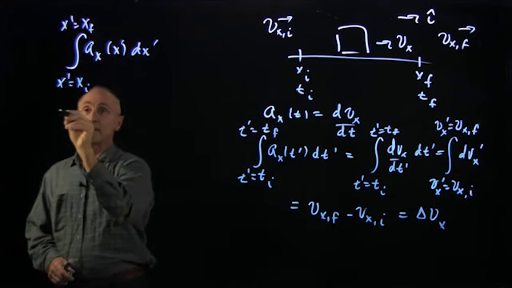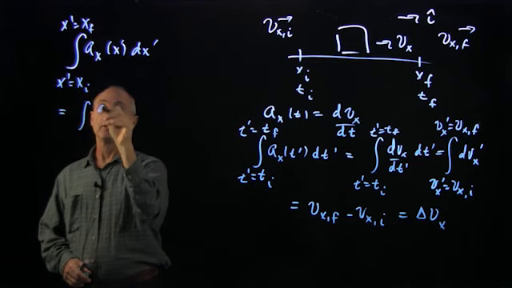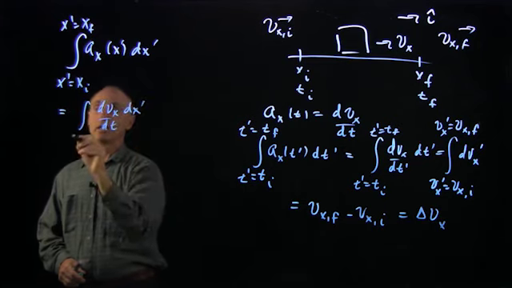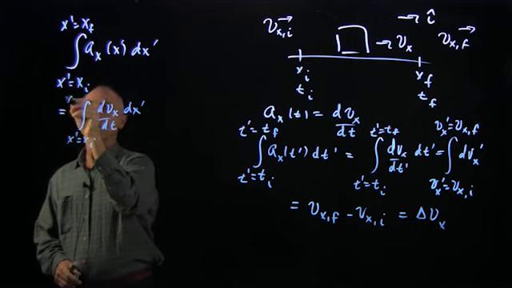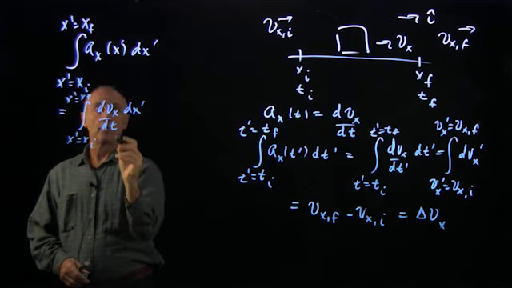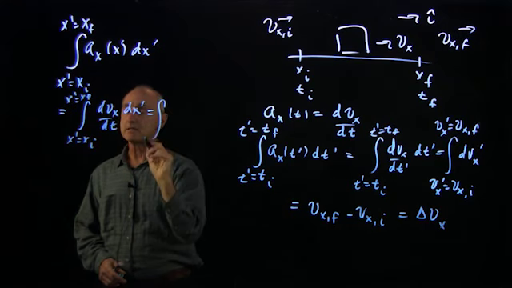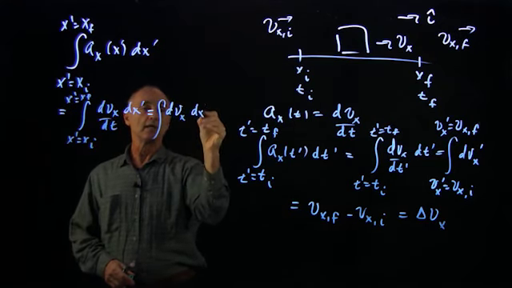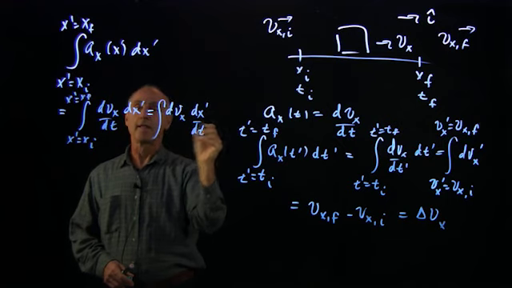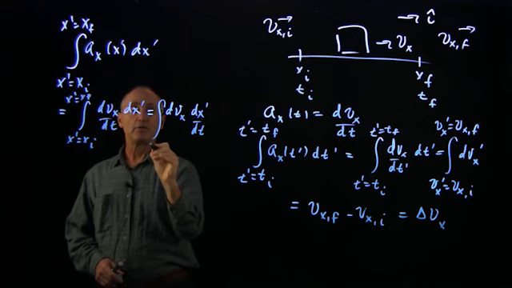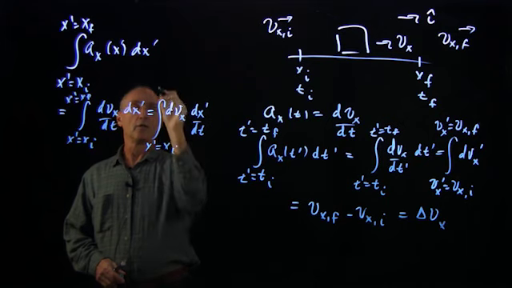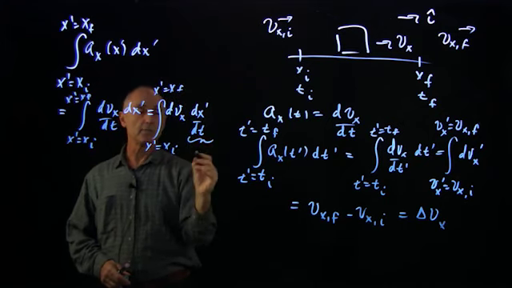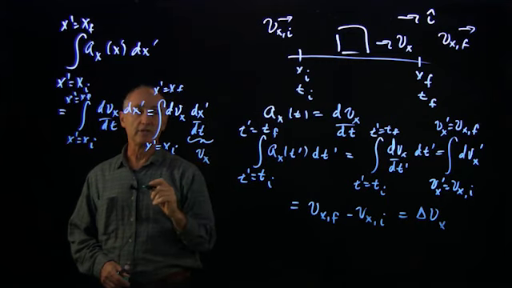Now, we can write this as, again, make the substitution, vx dt/dx prime, going from the initial to the final. But now, notice we're going to rewrite this integrand as dvx times dx prime/dt. And when we do that, dx prime/dt prime is precisely what we mean by vx.